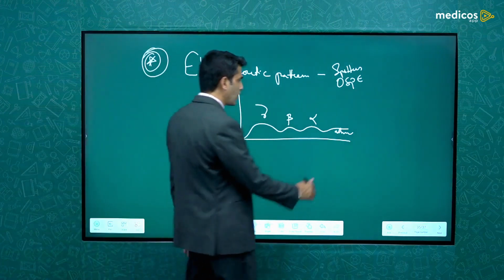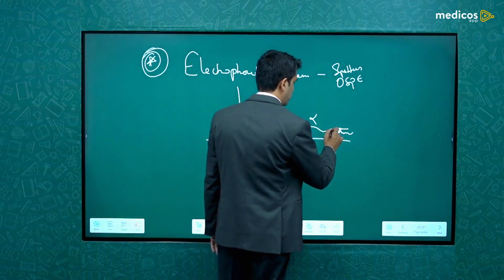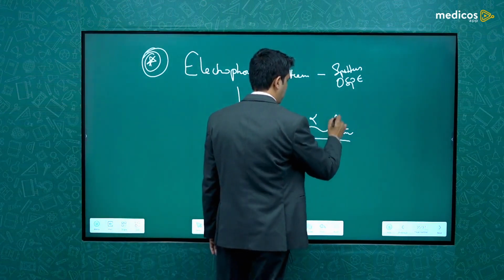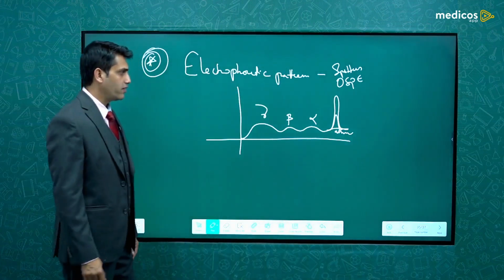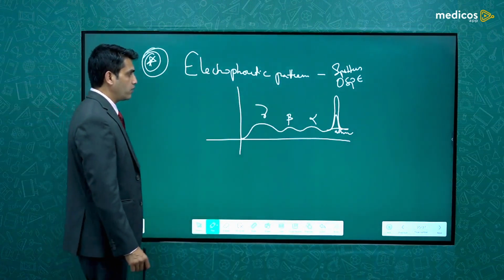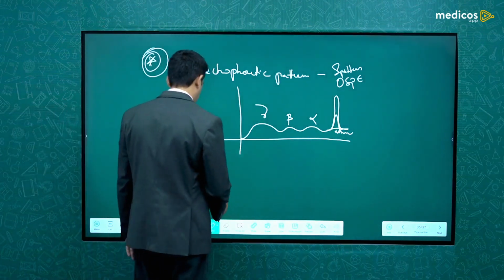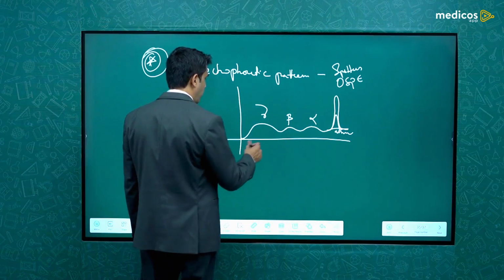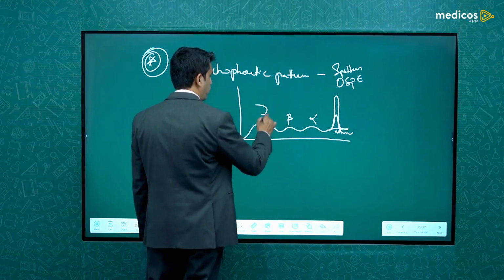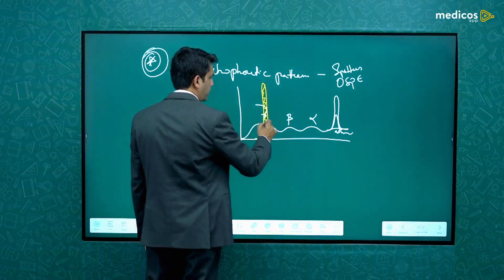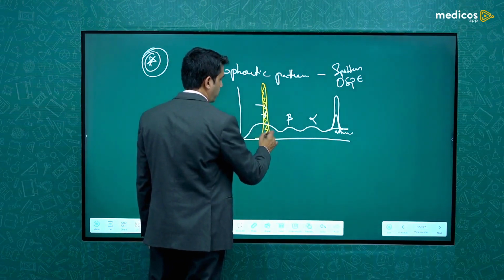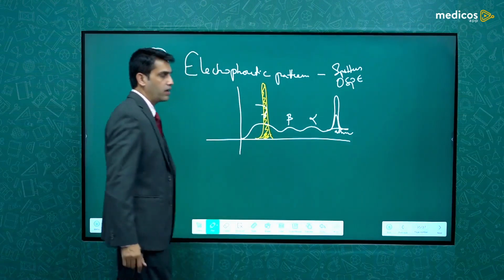So albumin will be something like this. Now, in specific cases like multiple myeloma, monoclonal antibodies will be increased and you'll get a monoclonal band here in the gamma region.